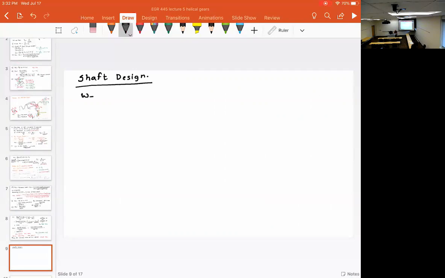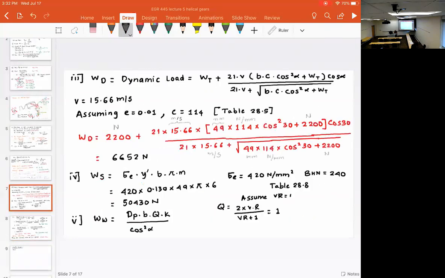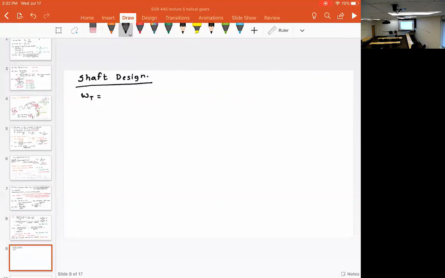So WT, we know already the value of WT, which is 2200. Can I just calculate the values of WN, WR, WA, or do you want me to explain the force diagram again?